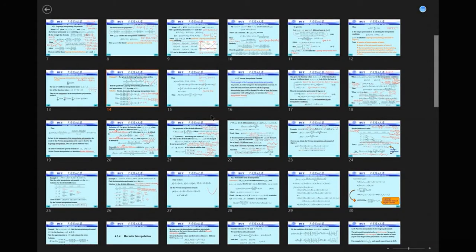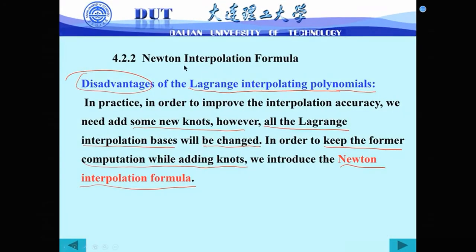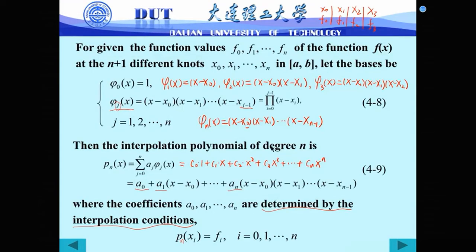So in order to keep the former computation, we have learned the second method, the Newton interpolation formula, right? The difference is to choose another set of bases.